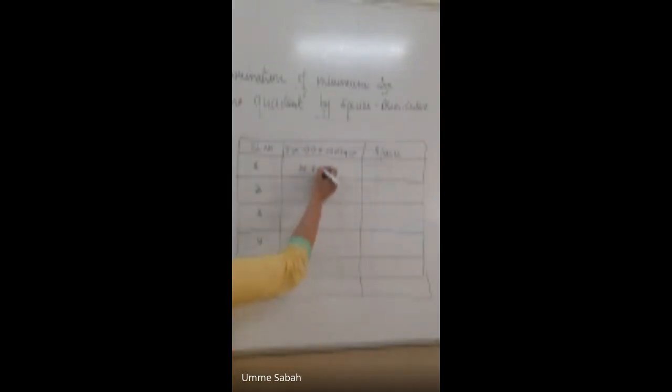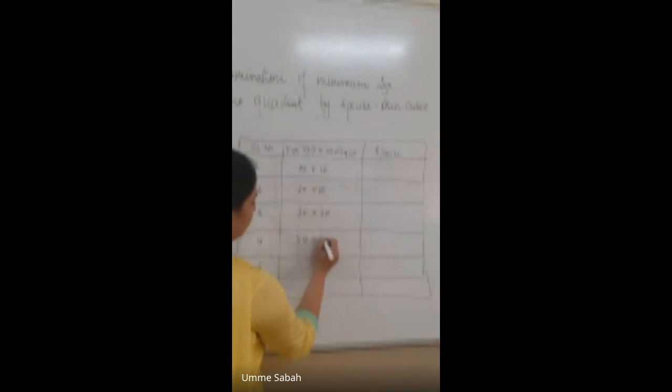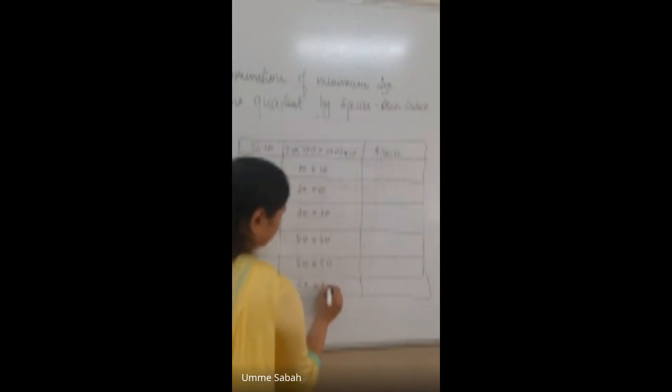So in 10 into 10, 20 into 20, 30 into 30, 40 into 40, 50 into 50, 60 into 60. So these many quadrat sizes we have taken.